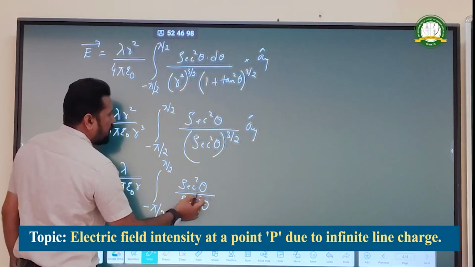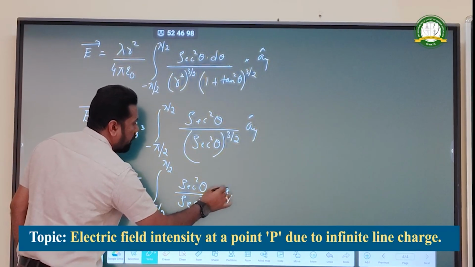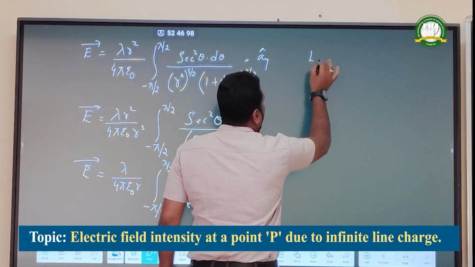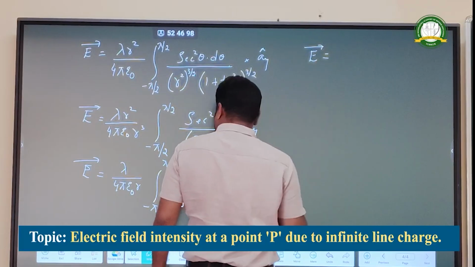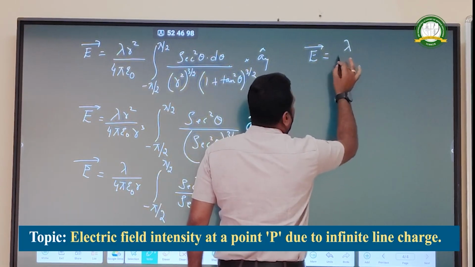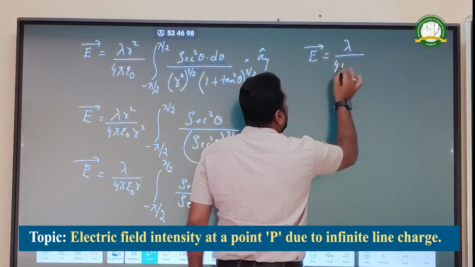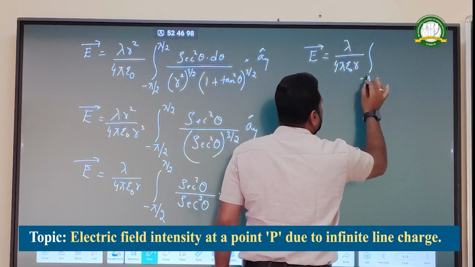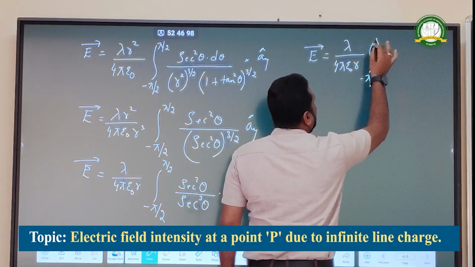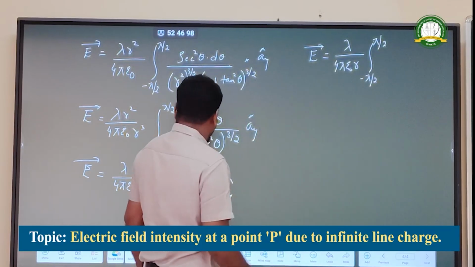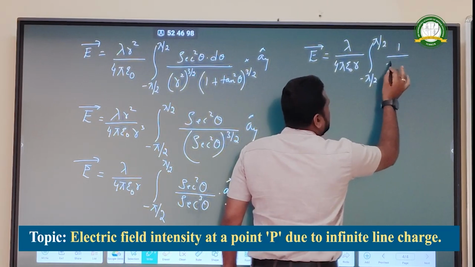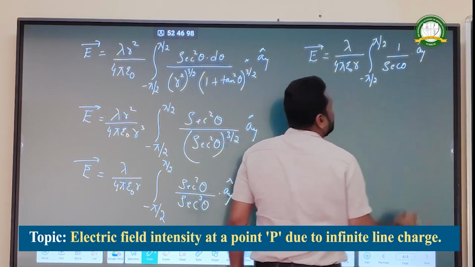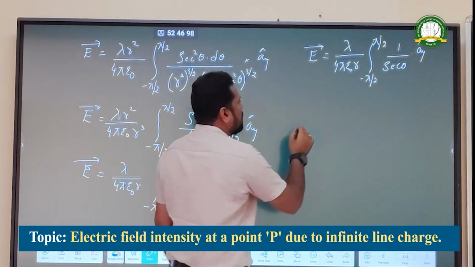By simplification, this is 1 divided by secant theta into ay cap. So 1 over secant theta is nothing but cos theta.